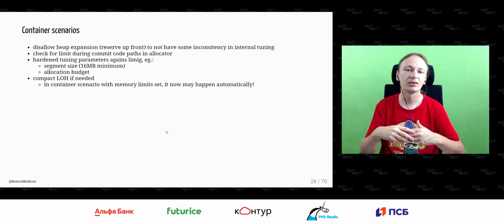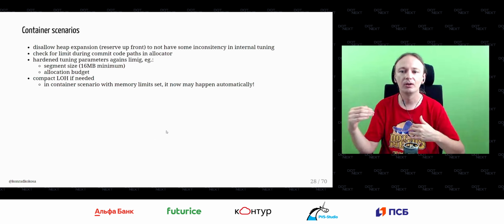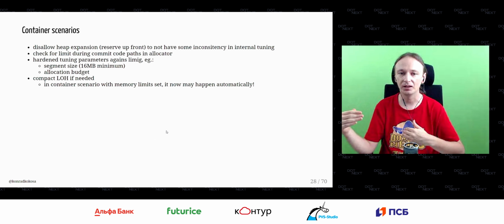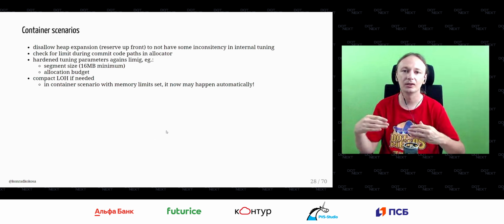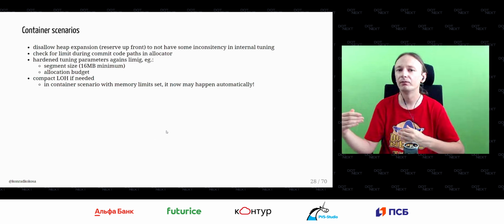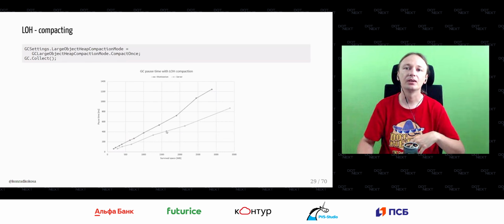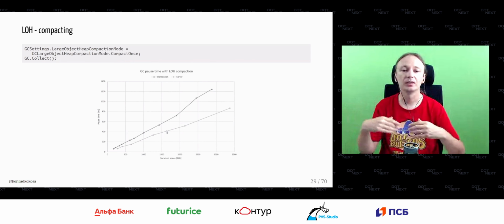So in a container scenario, if this memory limit is set, the large object heap can be compacted automatically. For the very first time in .NET, they can be compacted automatically, because now we are not so afraid of moving objects, since we expect this large object heap is not so big. And the time that this compacting will take is not so big.